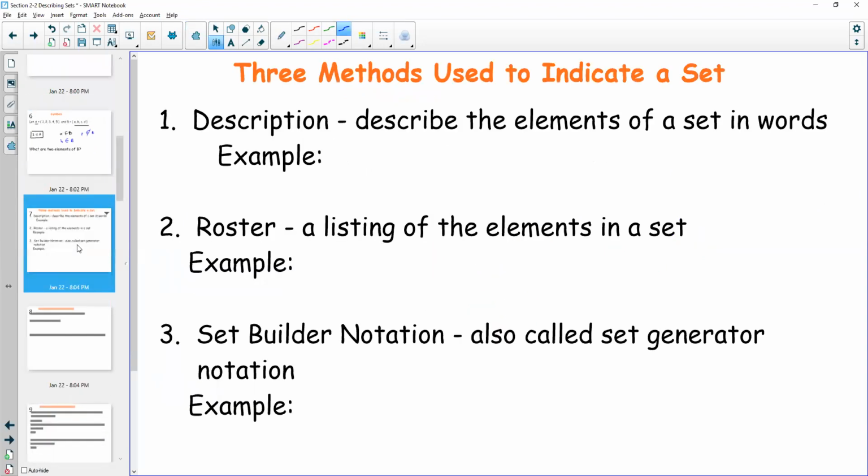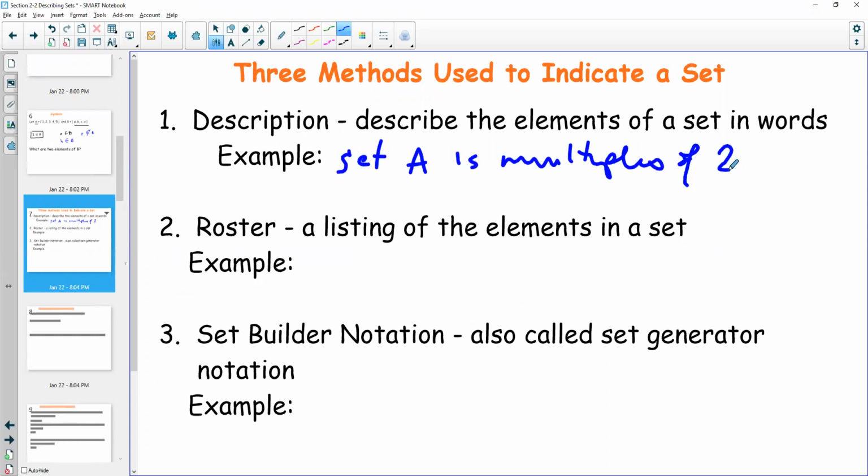All right. There are 3 ways that we can write down a set. We could write it out in words. We could say this set has all multiples of 2. So we could say set A is multiples of 2. We could make a roster listing, and we're going to see that in a second.